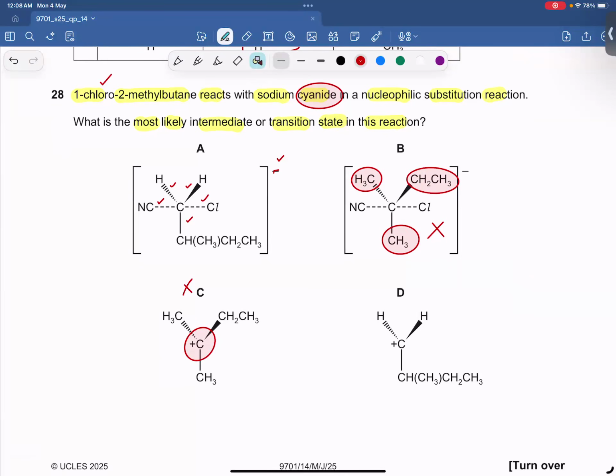A tertiary carbocation forms only in a tertiary alkyl halide, whereas 1-chloro-2-methylbutane is basically a primary alkyl halide. This is also incorrect, and this is a primary carbocation. A primary carbocation cannot form from a primary alkyl halide.